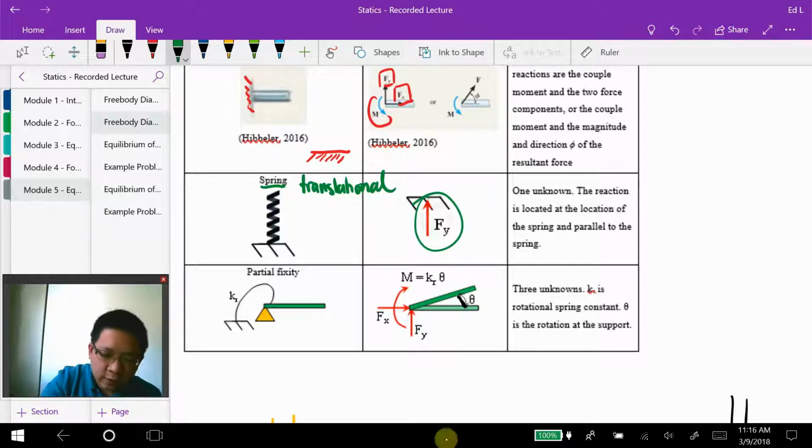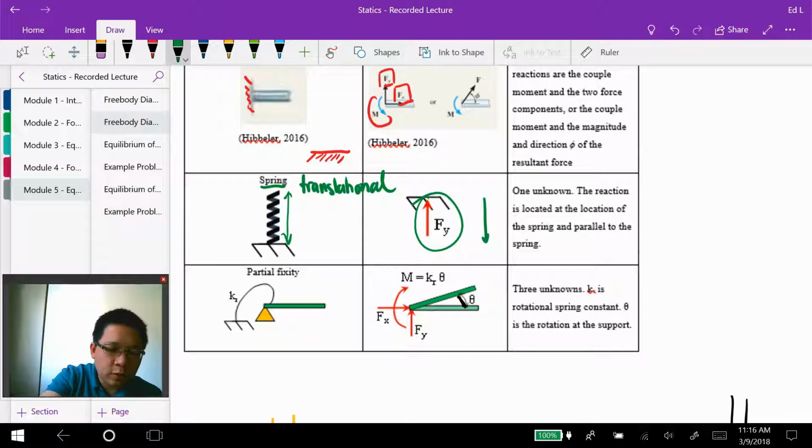So if the spring is directed in this direction, then the reaction force is also directed in the same direction. And it can be going up or going down, depending on whether the spring is being compressed or stretched out.